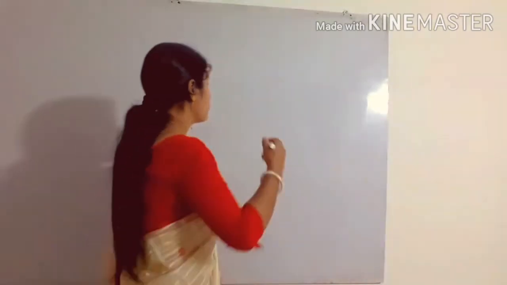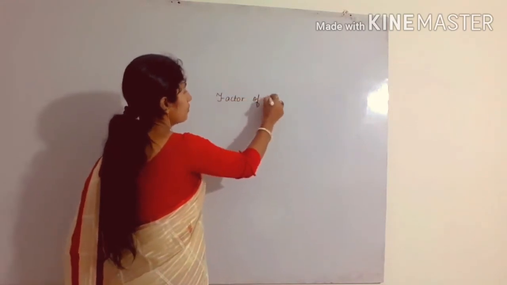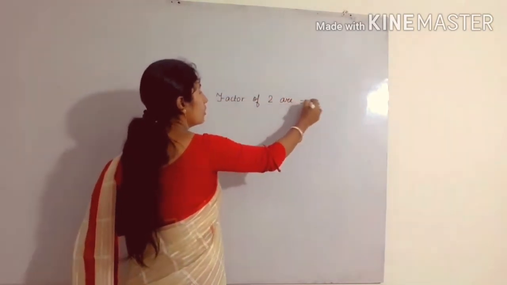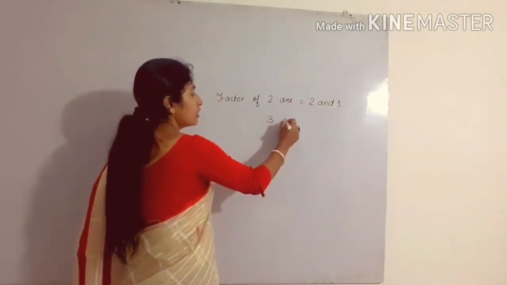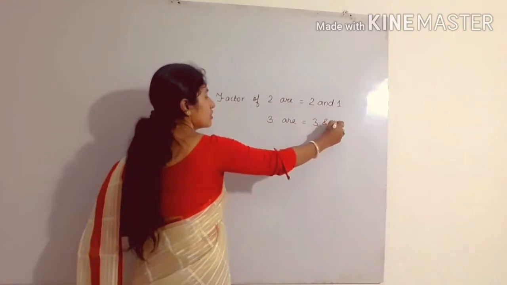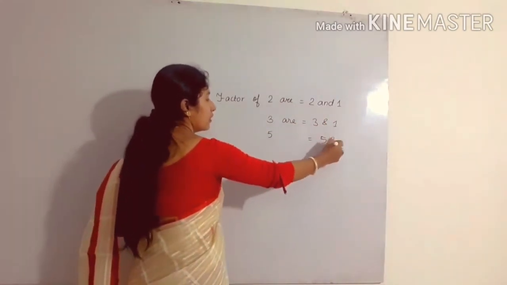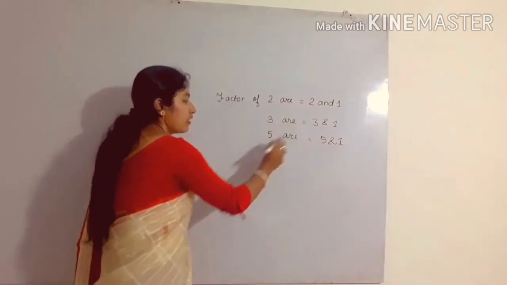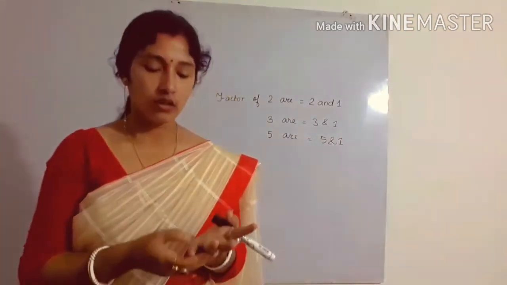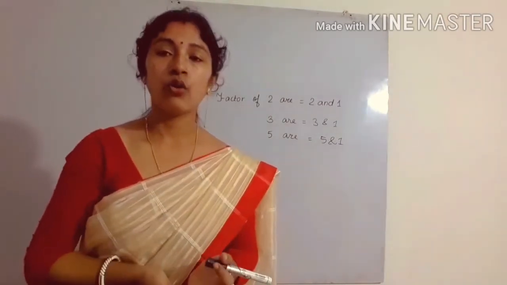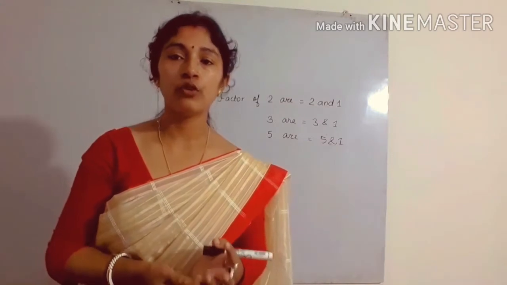For example, factors of 2 are 2 and 1. So this is a prime number. Similarly, factors of 3 are 3 and 1. So this is a prime number. 5 is also a prime number, factors 5 and 1. 4 is not a prime number because how many factors does 4 have? 1, 2, 4, because 4 comes in the table of 2 also.